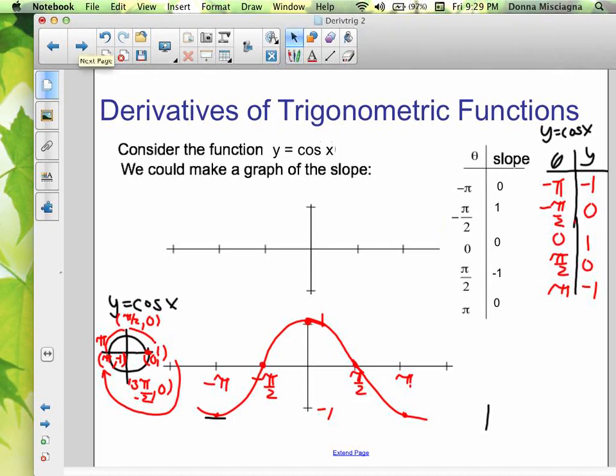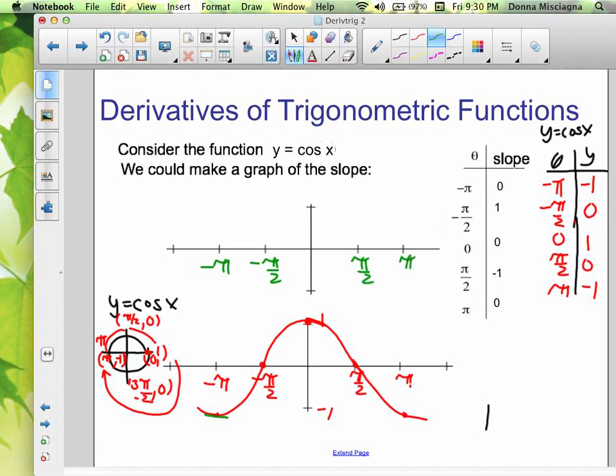I'm going to make that in a nicer color, and I'm going to put that point on the graph. So that's 0. So this is negative pi halves, pi halves, and pi. And this graph, the red graph is y equals cosine x. The green graph is the slopes.